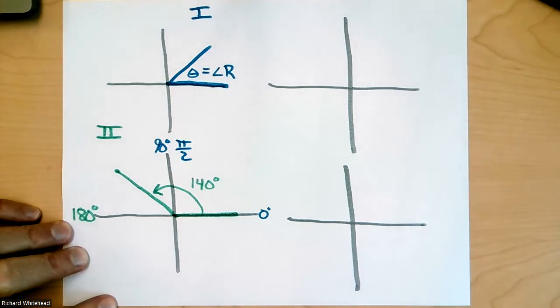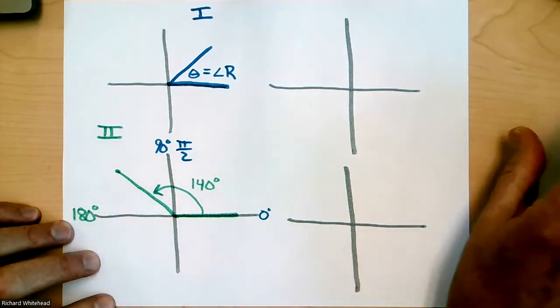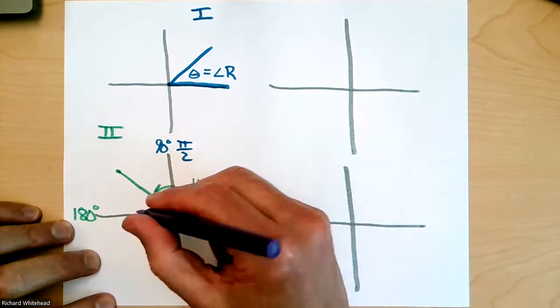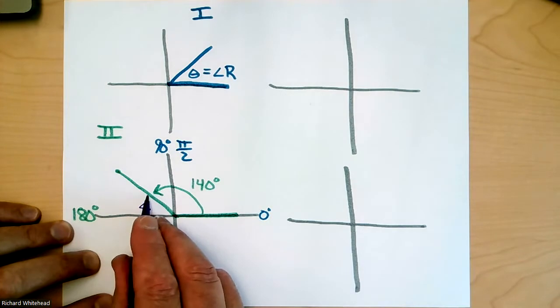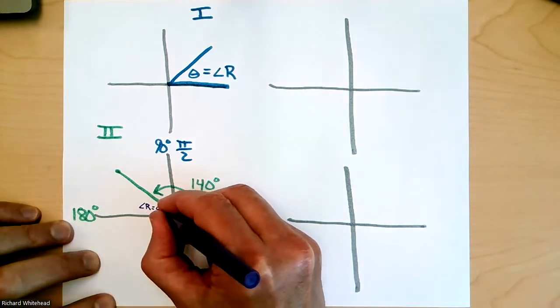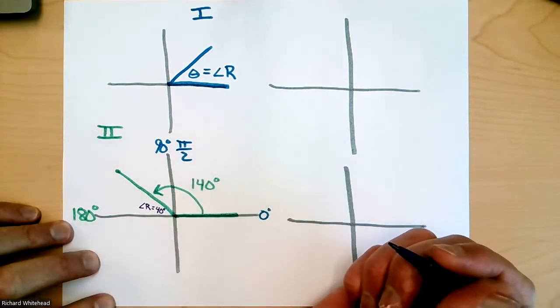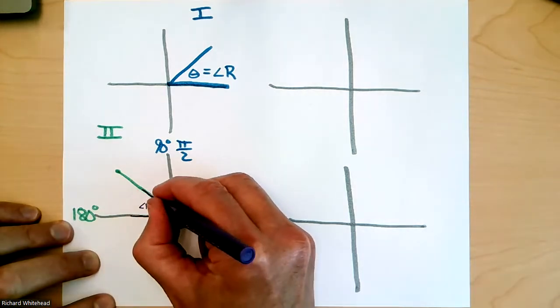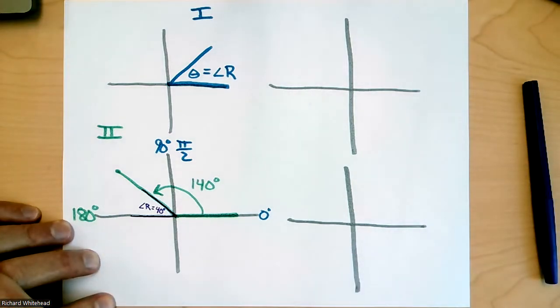Agreed? So who's my reference angle? Just like we said, it's this guy right here. To go from 140 down to 180, that reference angle would be 40 degrees. So my reference angle turns out to be 40 degrees. So it looks like we probably need to come up with a plan here.